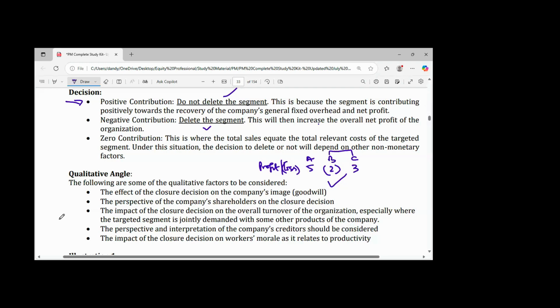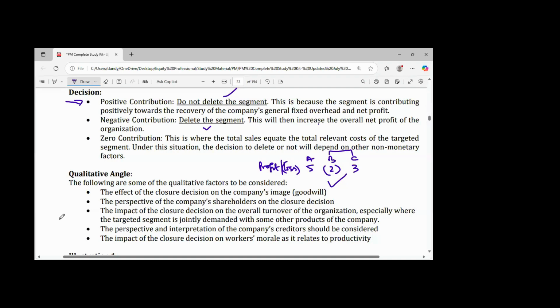Then number 4, you also need to consider the perspective of the company's shareholders on the closure decision. It may well be that it's one of the shareholders that introduced the product. Now that you don't want to be producing it again, what will be the reaction of the shareholder?